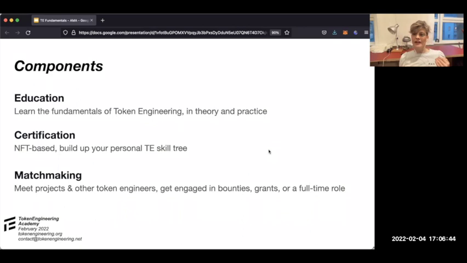Or where can I find maybe more experienced token engineers to take over a role in token engineering in exciting crypto projects. And this is one of the goals for the TE Fundamentals. We not only provide a course, but also offer matchmaking activities so that you can find your best place to be for creating new token-based economies.